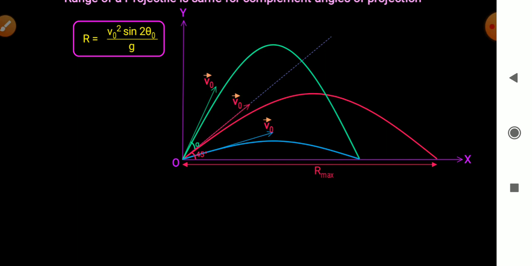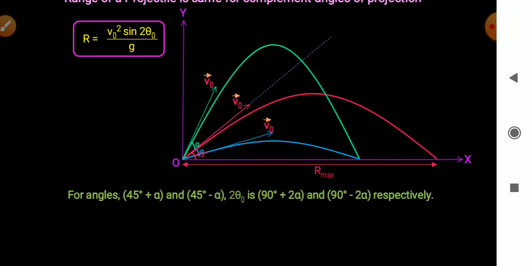When the object is projected at different angles with velocity v naught, the range will be for angles 45 degree plus alpha and 45 degree minus alpha, so 2 theta is 90 degree plus 2 alpha and 90 degree minus 2 alpha respectively, right?